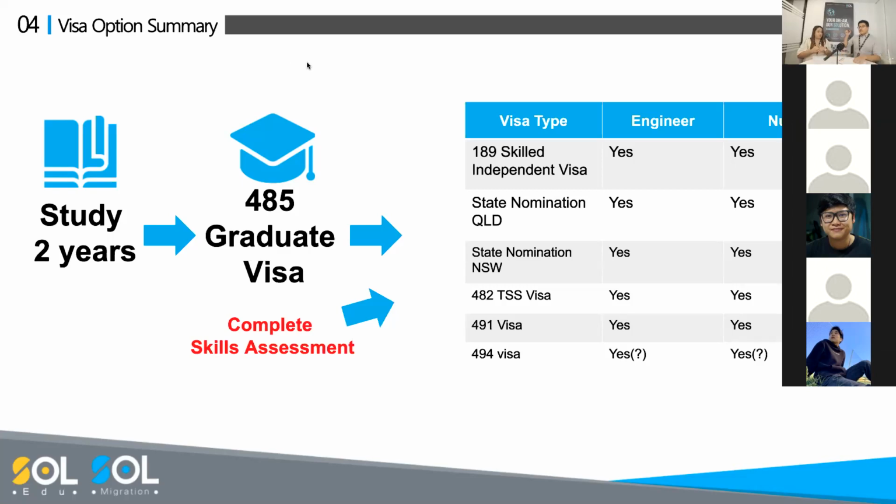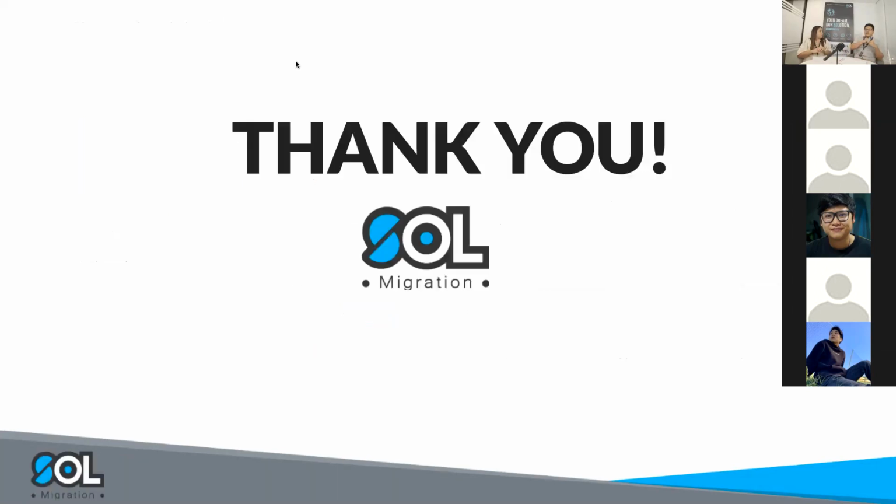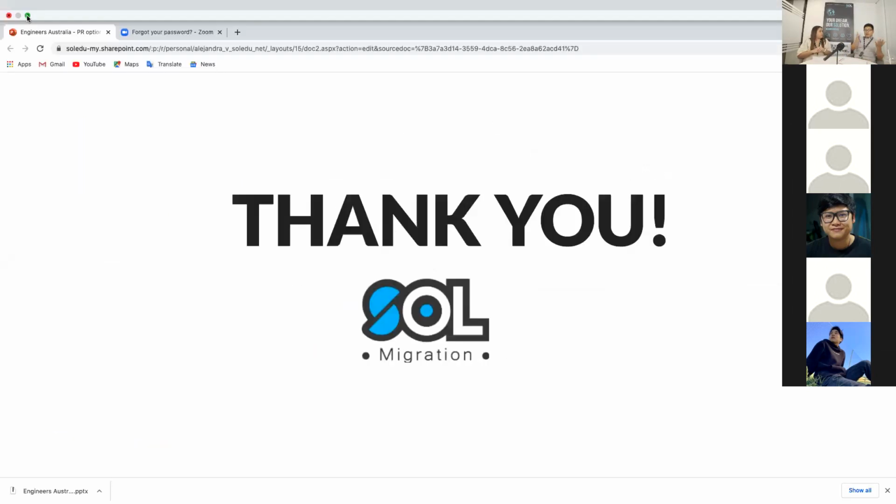So this is what I mentioned. Then you pass the skills assessment and you get a positive outcome. Then what can you do? The only visa stream without work experience may be the 189 skilled independent visa.